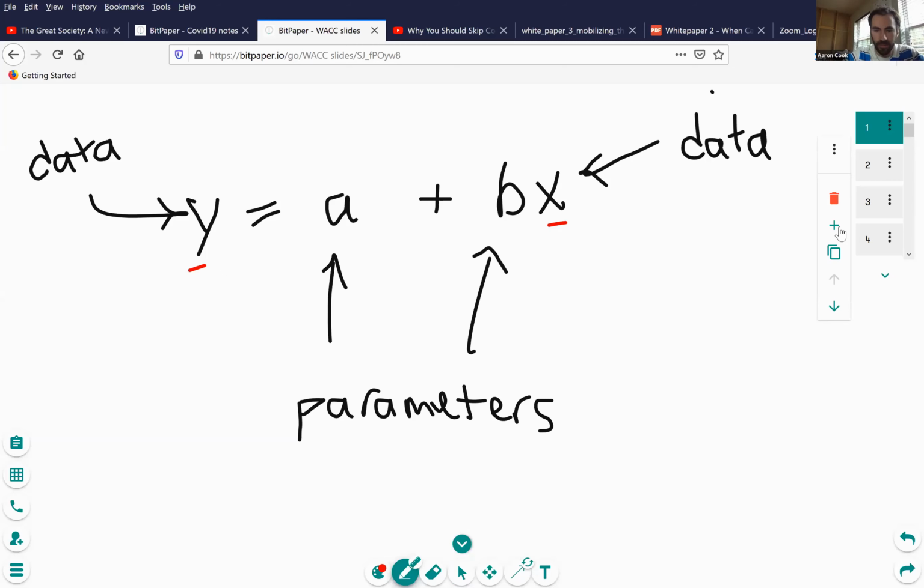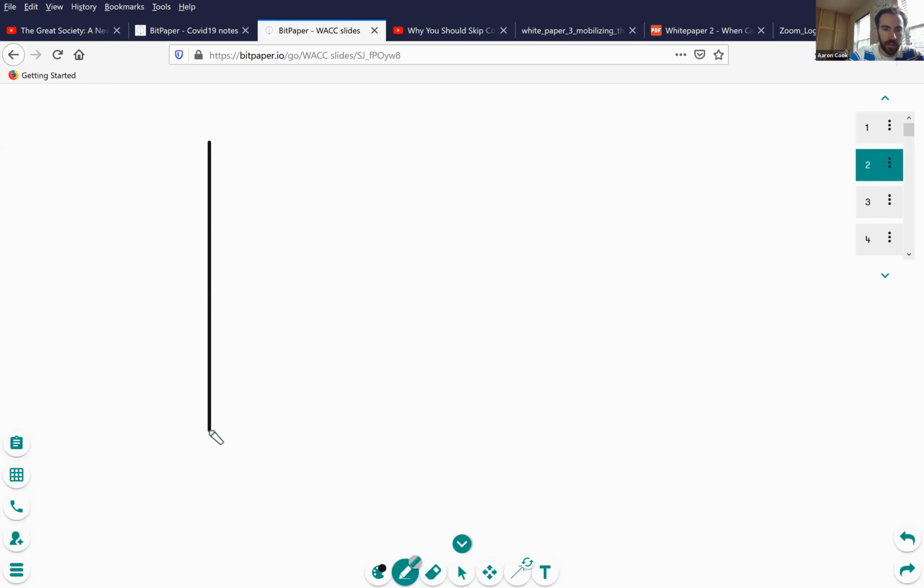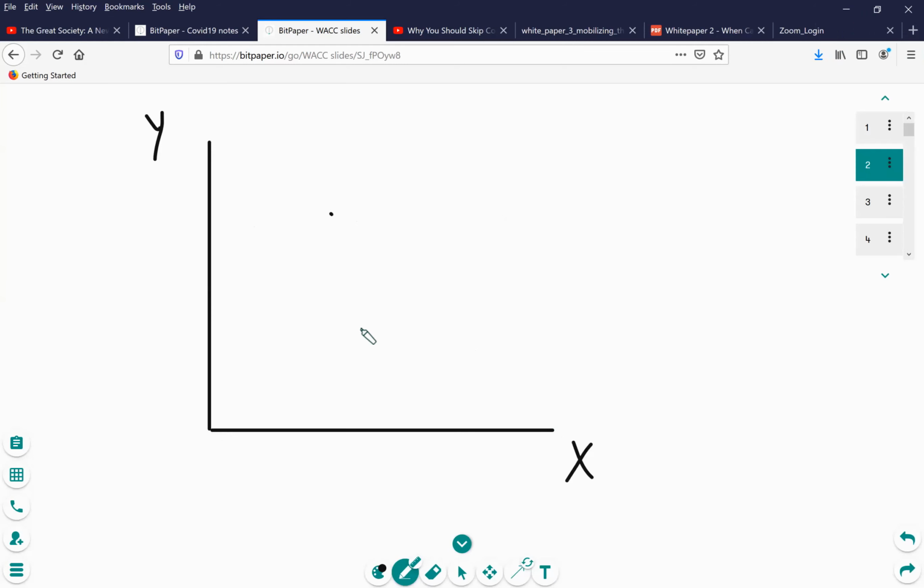So if we have a plot, this is the y axis, this is the x axis, and we have a cloud of data.